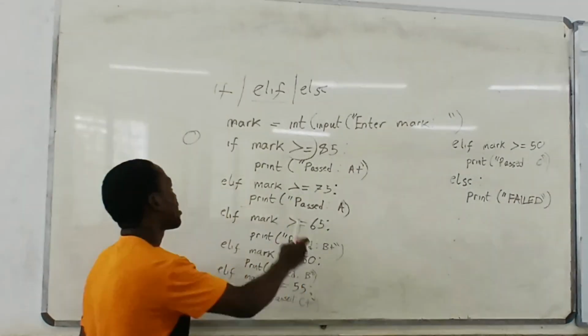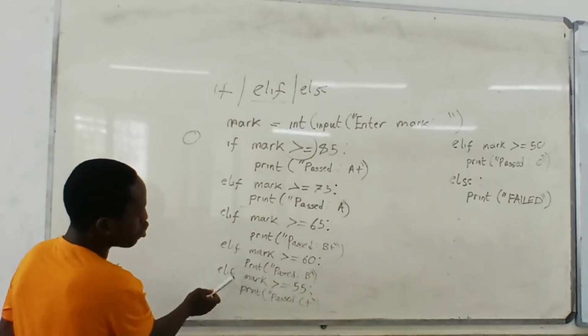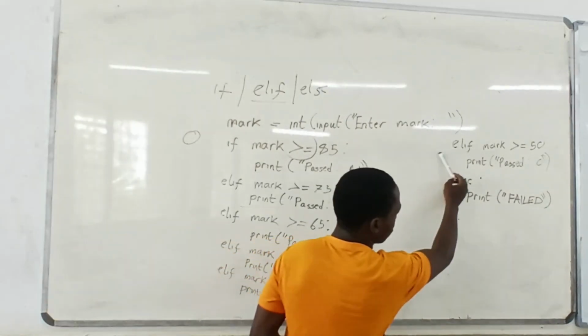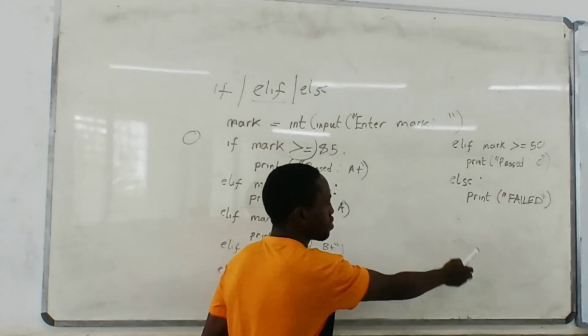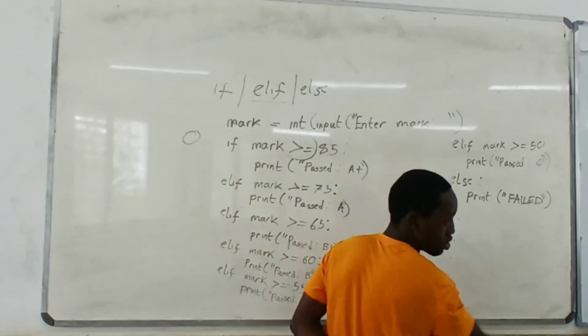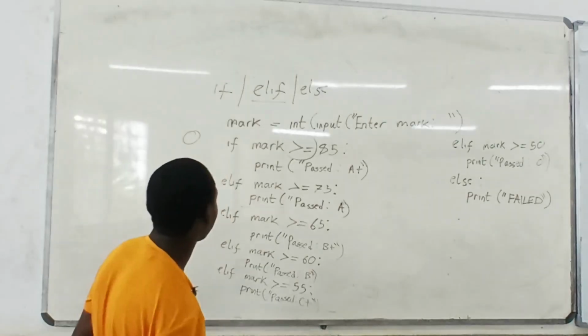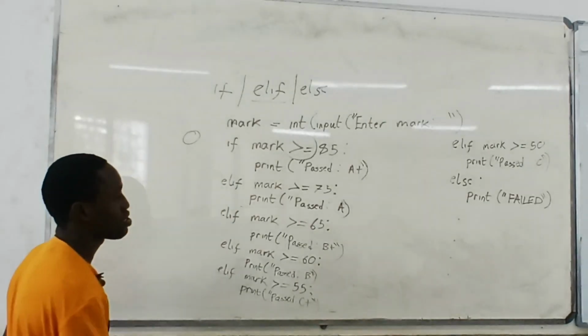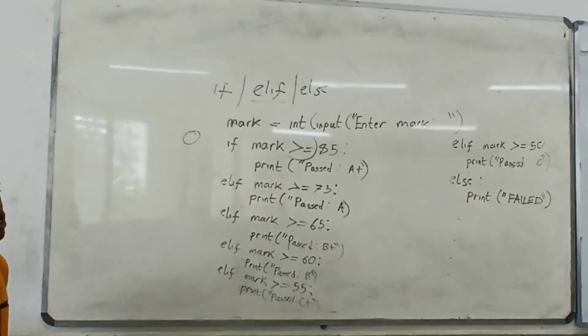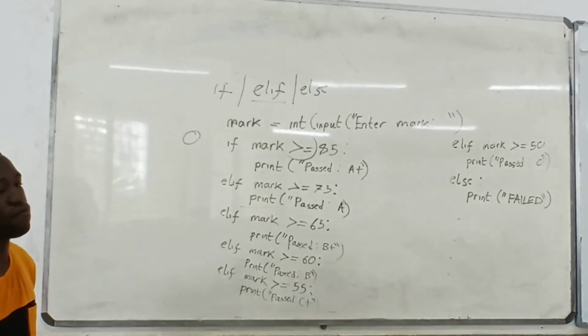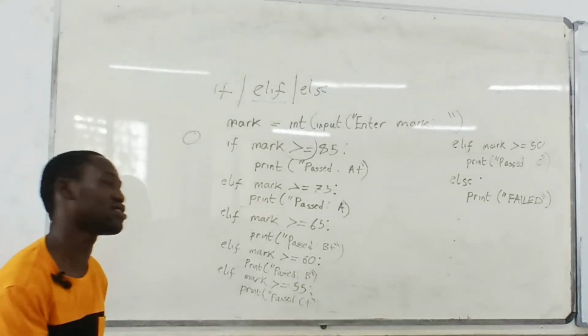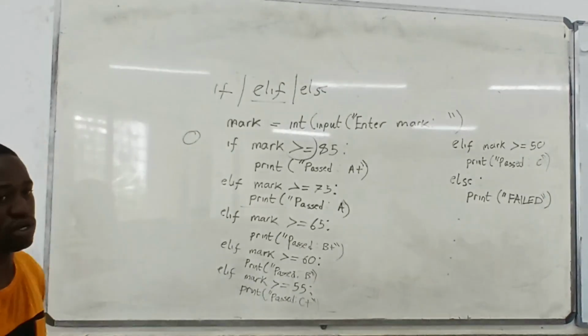So after checking for 0, if all these conditions are not met, it will just be like, anyway, you failed. That's all. You failed. So this is the condition statement. This is how you use the if, elif, else statements in Python.